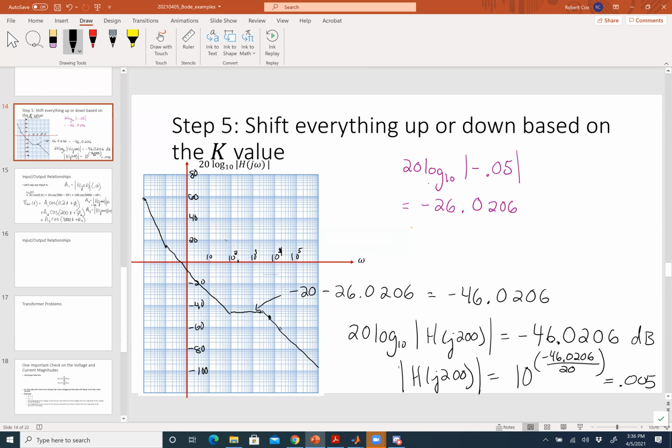So how do I want to approach that? Well, what's the slope? This is a straight line right here. What's the slope of that line? Negative 20. I'll go back to my basic linear algebra knowledge.